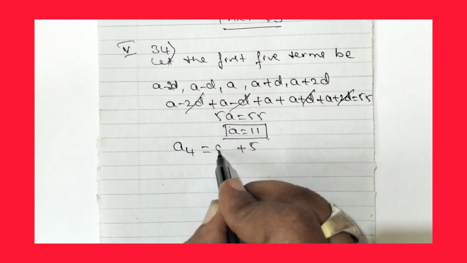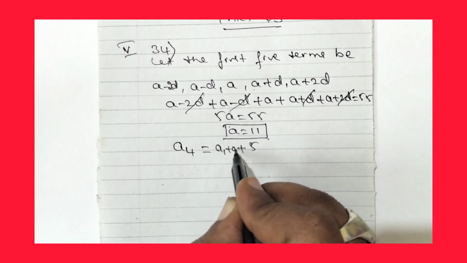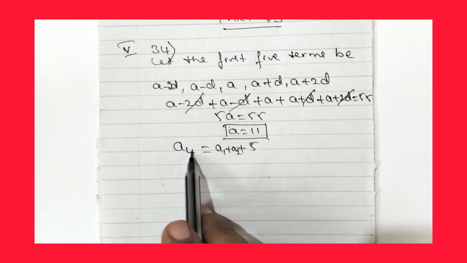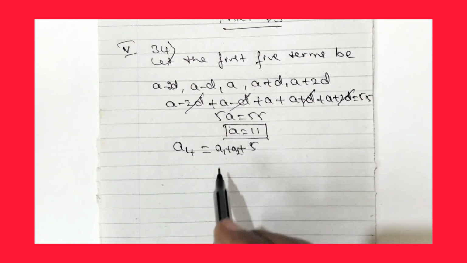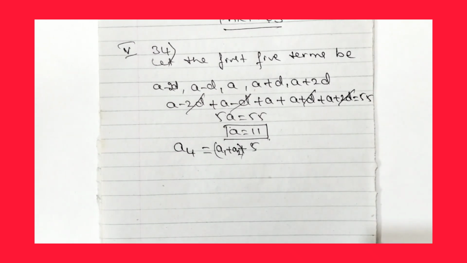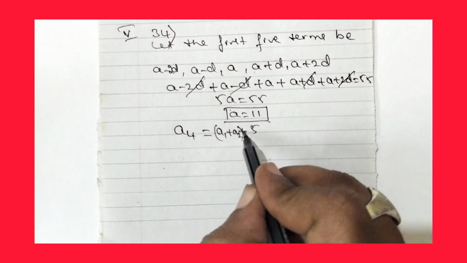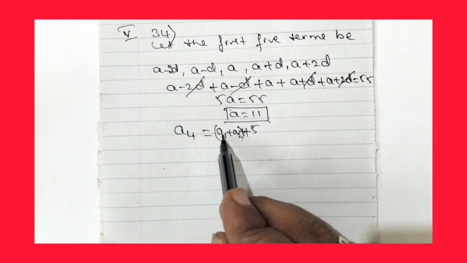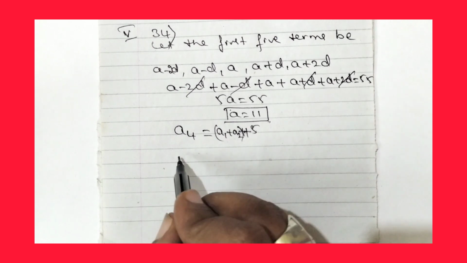Sum of the first 2 terms means a1 plus a2. The fourth term is 5 more than the sum of the first 2 terms. So that means you have to write it as a4 is equal to a1 plus a2 plus 5.